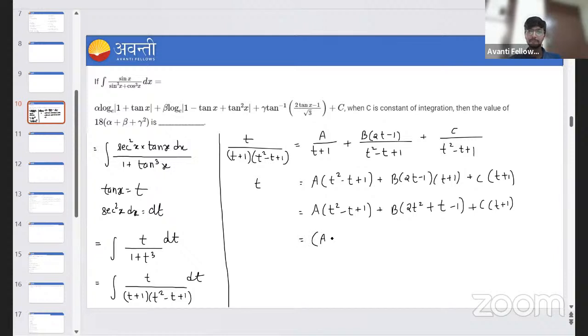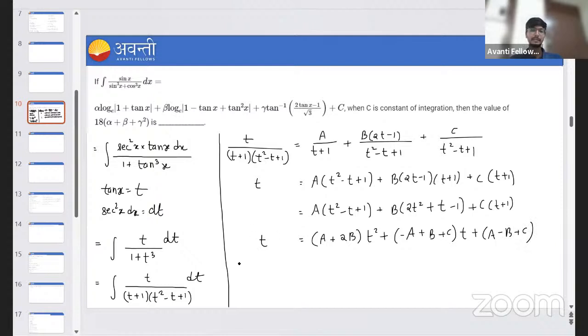So let us write the coefficient of t square. It is a plus 2b into t square. What are the coefficients of t? Plus b plus c into t. And what are the constant terms? It is minus a minus b plus c. This is equal to t.